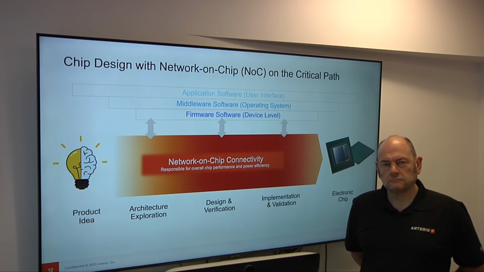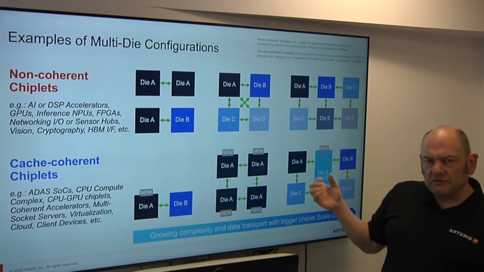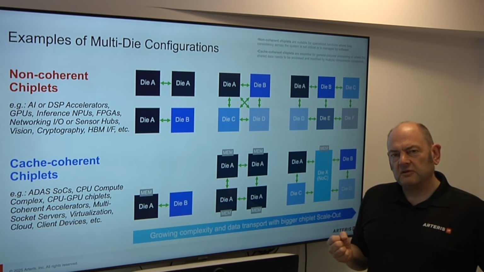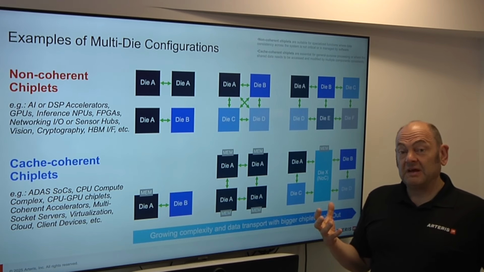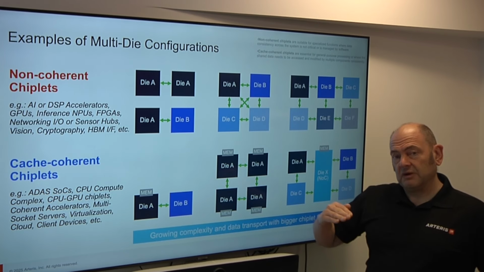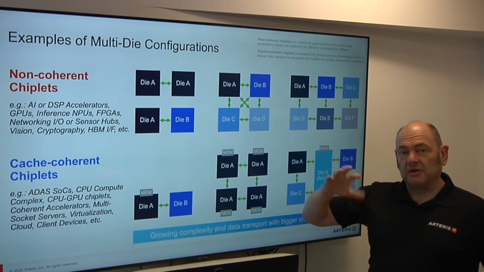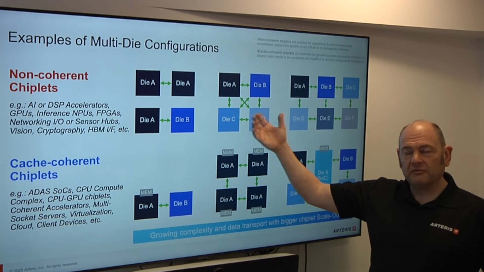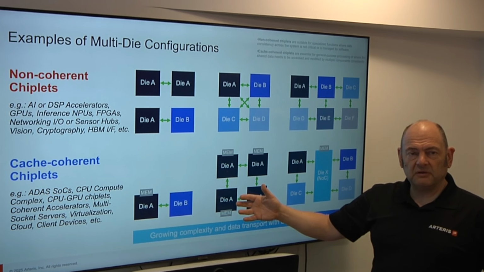What's the value here in terms of coherence versus non-coherent type of designs? Let me show you. So these are examples of multi-die configurations. So if we go back to the previous diagram for a second in terms of that image, the NOC is still the critical path. But what we've done here, we've actually scaled up and scaled out the designs, and we have non-coherent paths and we have coherent paths in the chiplets.